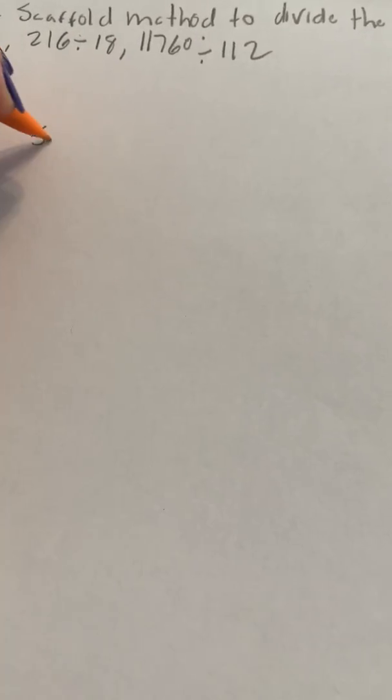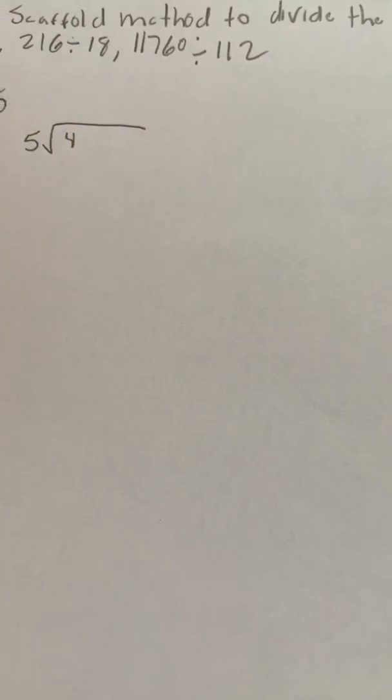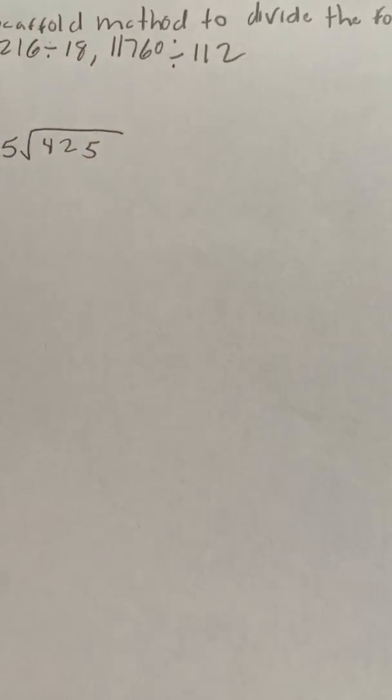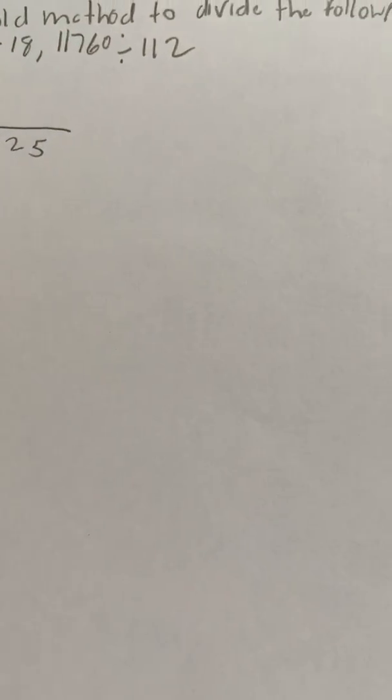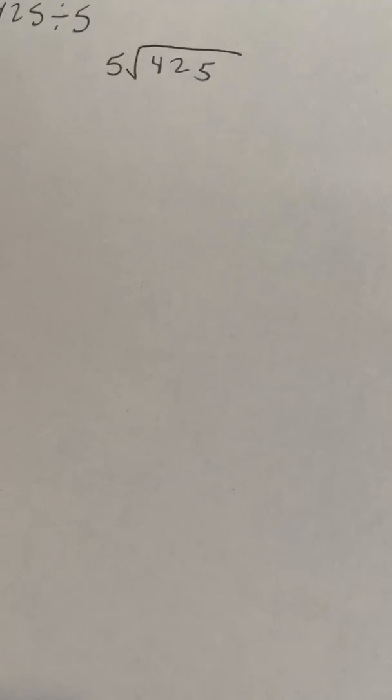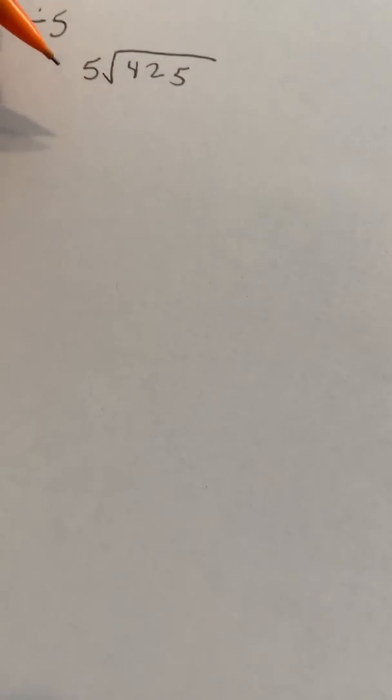So, example 1, 425 divided by 5. So what we're going to do here is see how many 5s can go into 400, and that's going to be 80. So you have 80 of those.